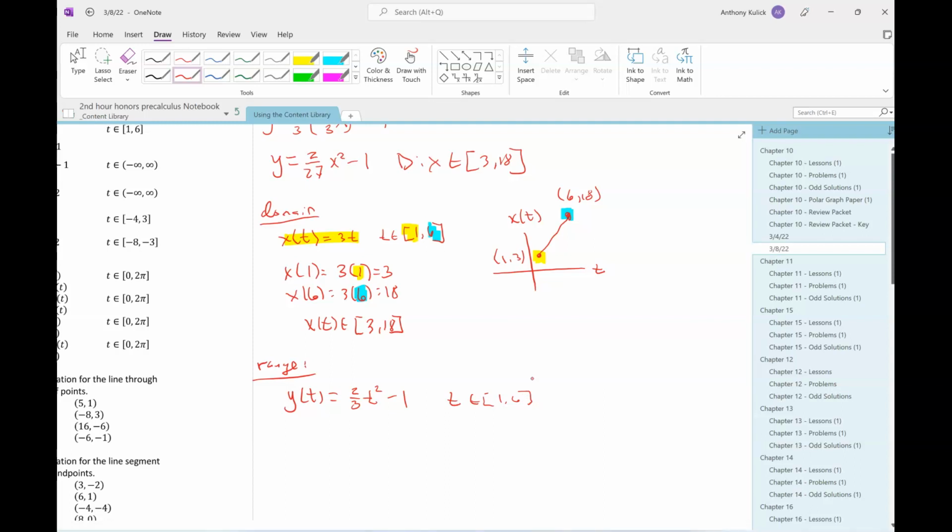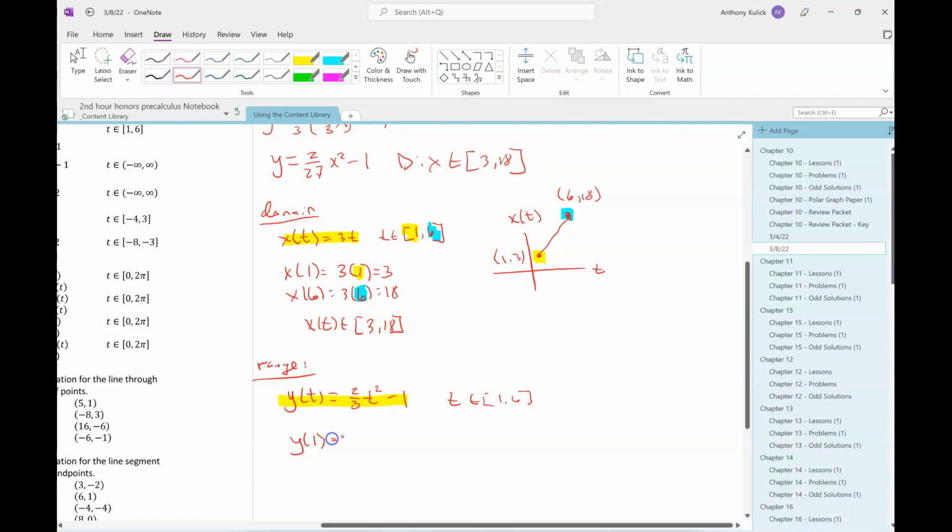So we start the same way. What type of function is y of t? Quadratic. So in the case of the quadratic, we care about the endpoints and the vertex.